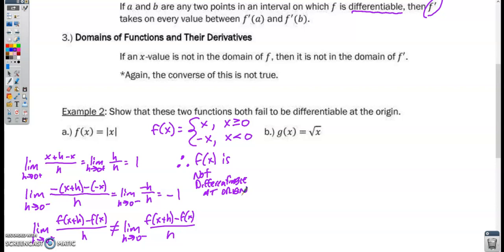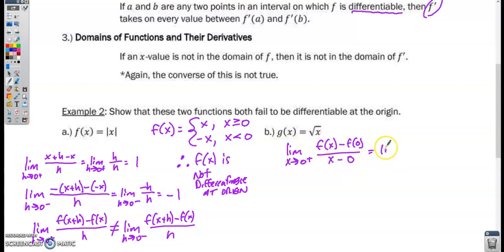G of x equals the square root of x. All right, so let's see. If we try to take the limit as x approaches 0 from the right of the derivative here, we'll use the f of x minus f of 0 form this time.